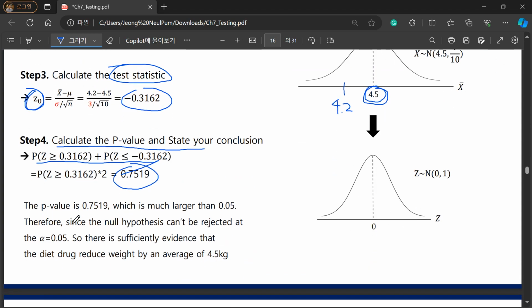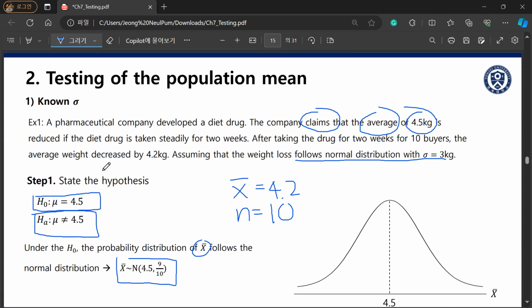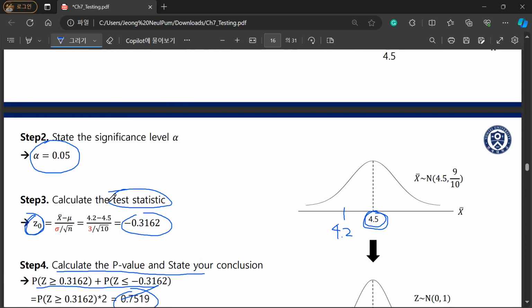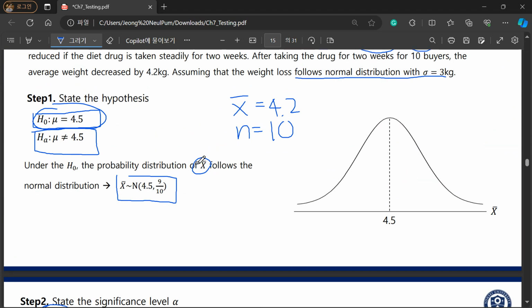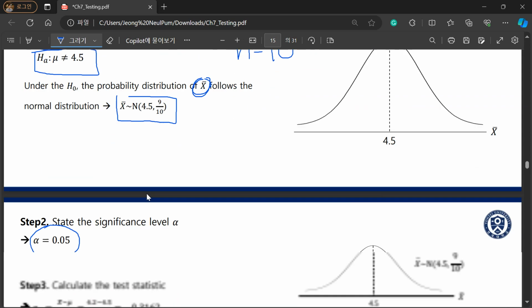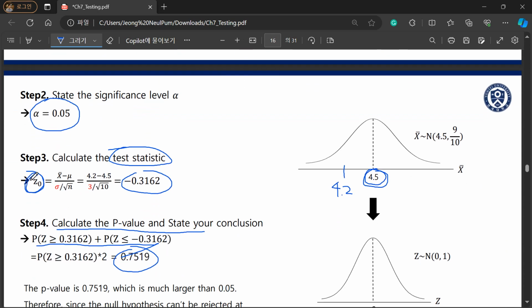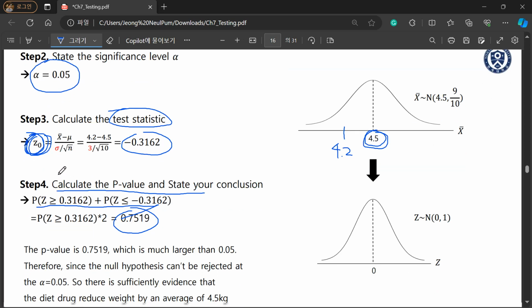To sum up, assuming that the null hypothesis is true, which says that the population mean is 4.5, we can get the distribution of x bar as well as the distribution of z0, which is our test statistic.